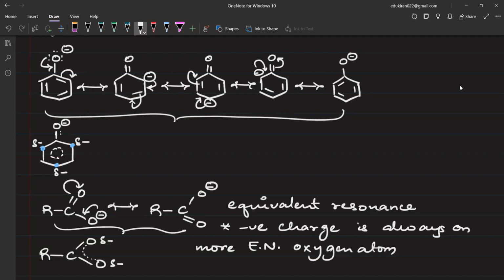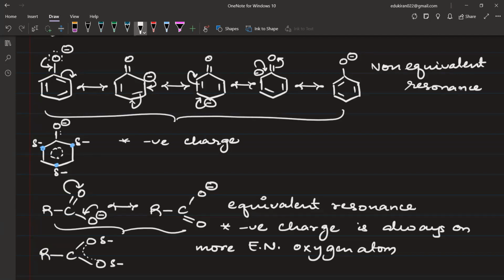Here, first of all, it is non-equivalent resonance. And secondly, negative charge. So this will also be delta negative, please make this delta negative here as well. Negative charge is mostly on the less electronegative carbon atom.